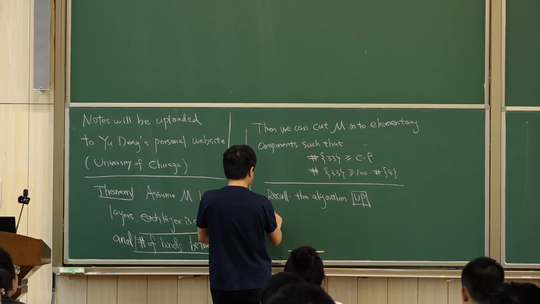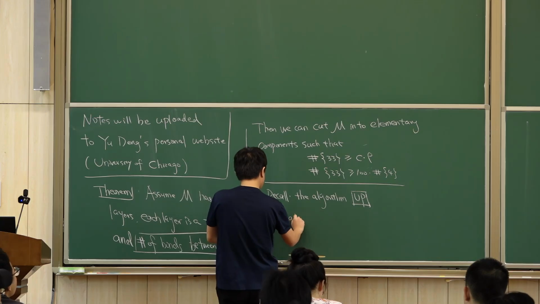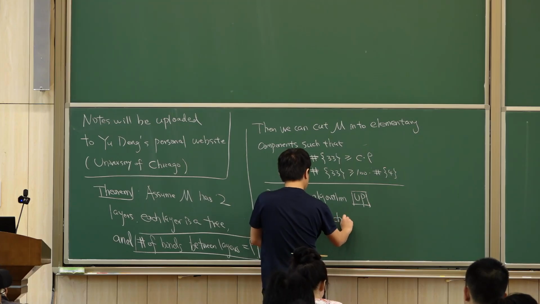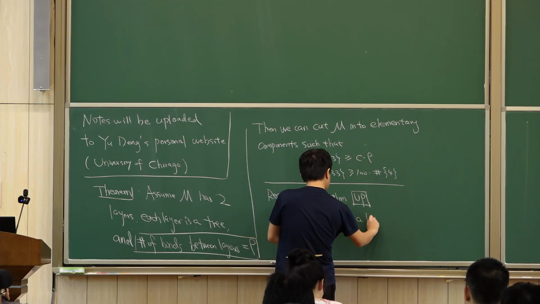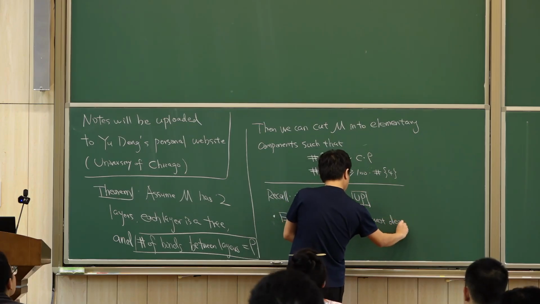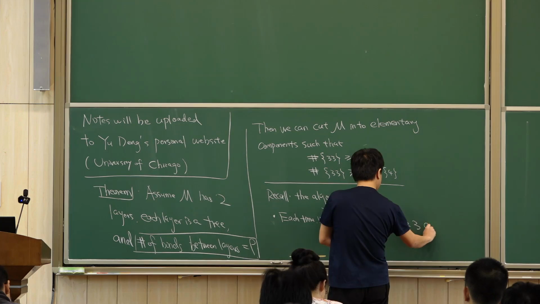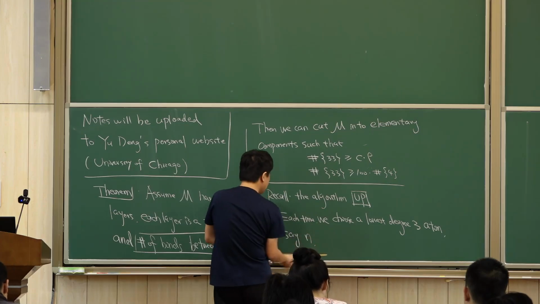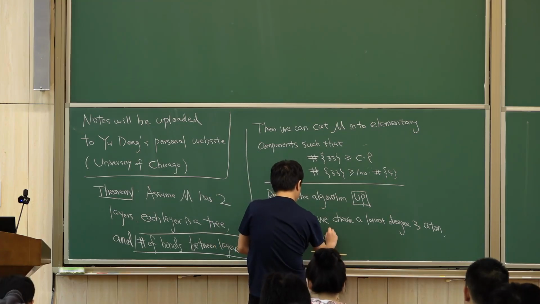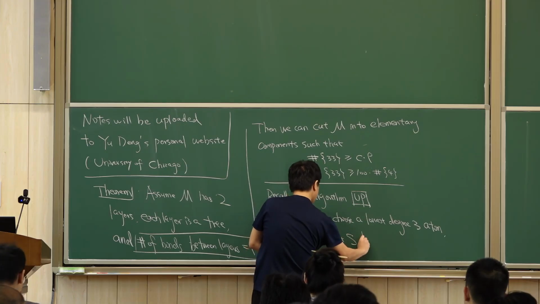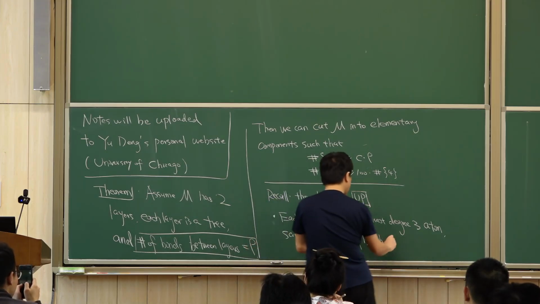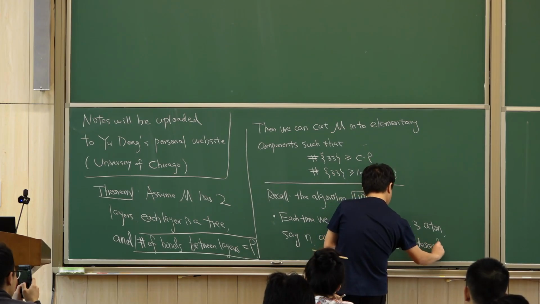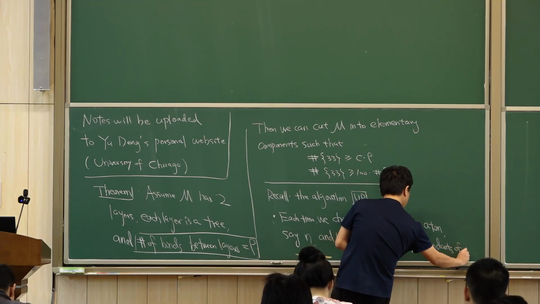So basically each time we choose a lowest degree 3 atom, say n, and let Sn be the set of descendants of n.